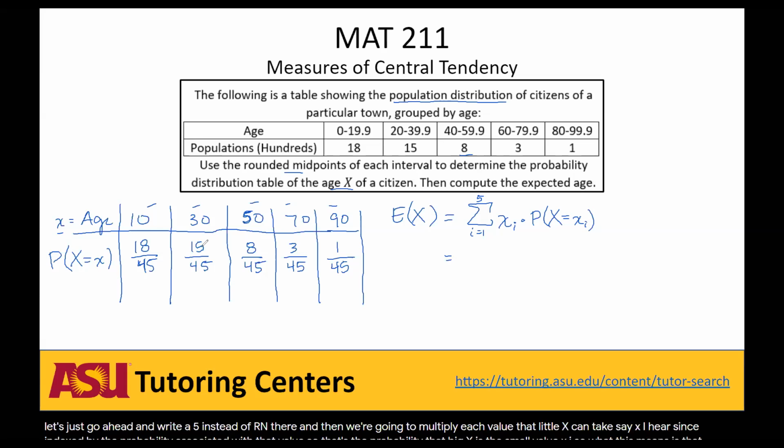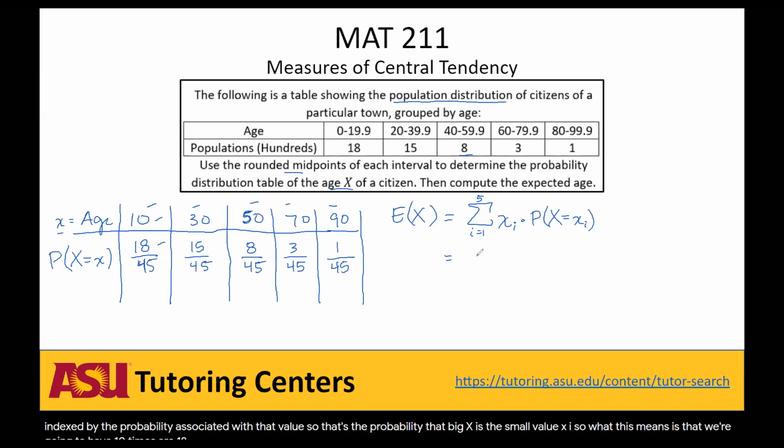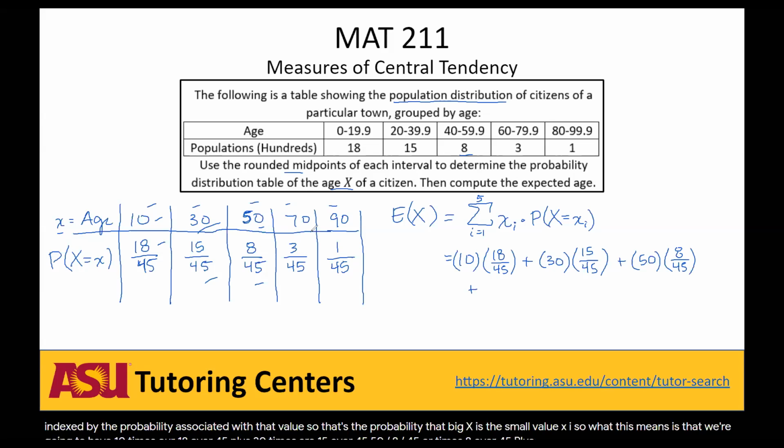So what this means is that we're going to have 10 times our 18 over 45, plus 30 times our 15 over 45, plus 50 times 8 over 45, plus 70 times 3 over 45, and lastly, plus 90 times 1 over 45.